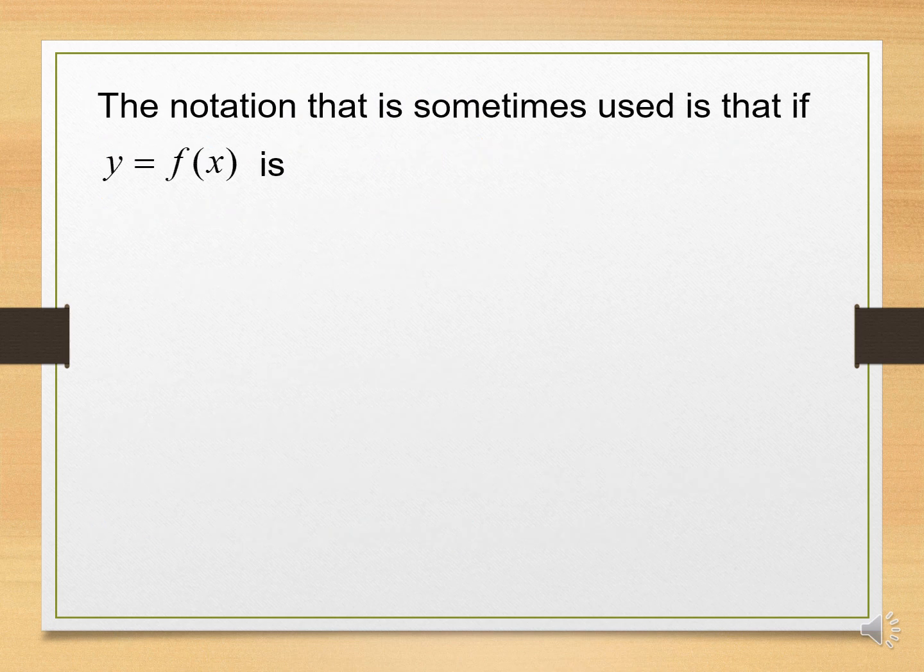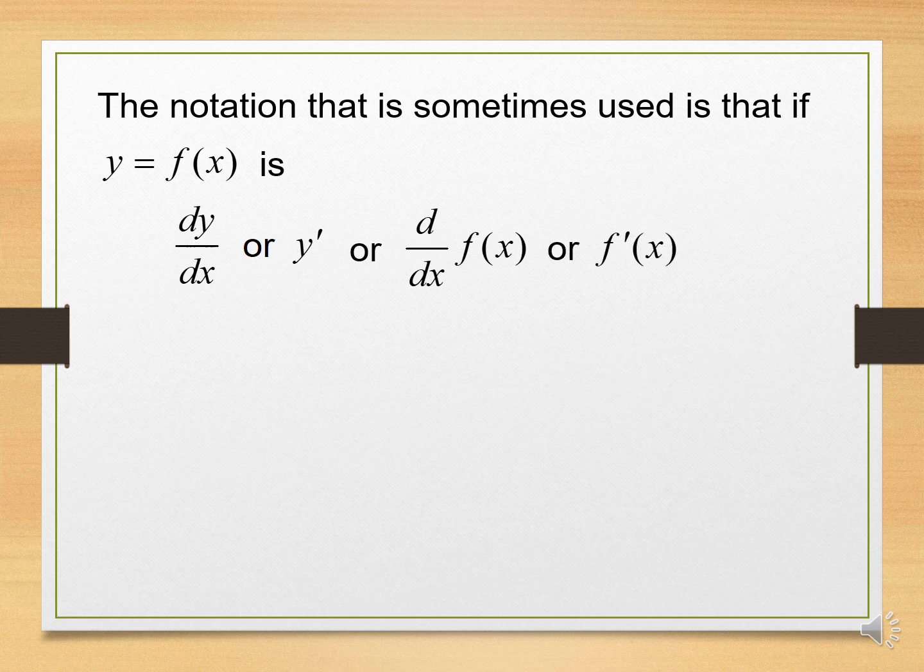The notation that is sometimes used: if y equals f(x), we can represent the differentiation as dy/dx, or y', or d/dx f(x), or f'(x). So we have a few notations to represent differentiation.